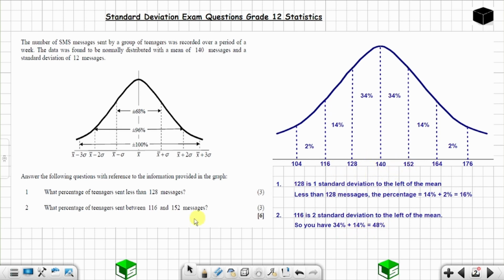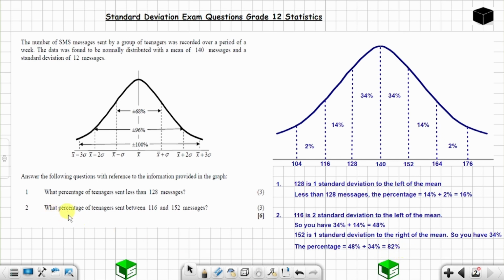You also have 152, which is one standard deviation to the right of the mean. You also have 34%. So the percentage is 48% plus 34%, which is 82%.